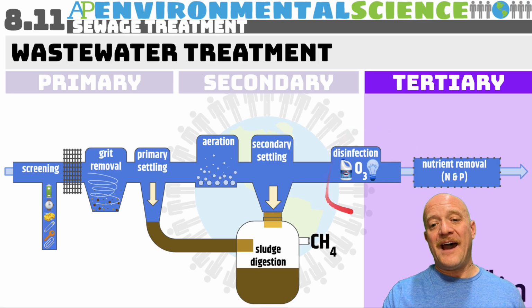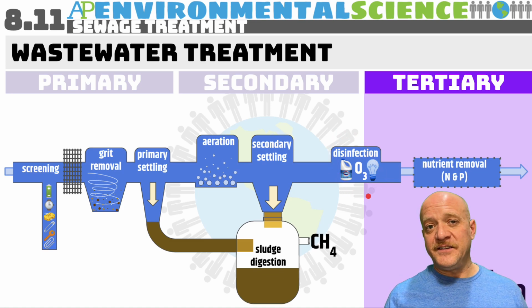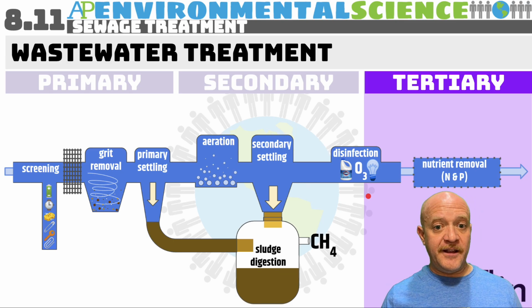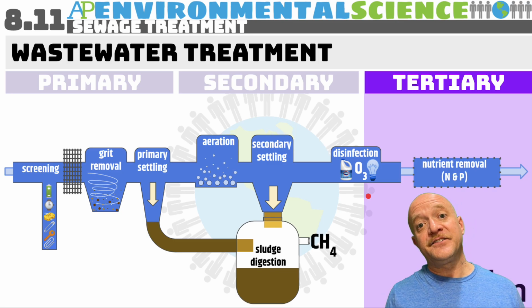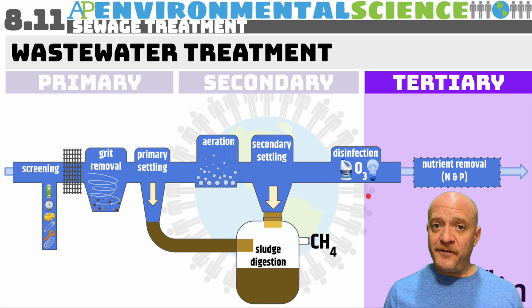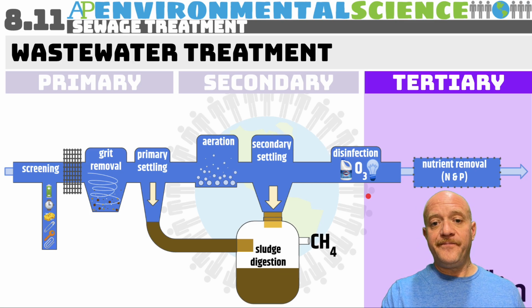Oftentimes it would come after the nutrient removal, but you don't have to specify on multiple choice questions or free response questions when the disinfection takes place. If they have primary, secondary, tertiary, then the disinfection will take place as tertiary treatment. If it is only primary and secondary, it will take place at the very end before the effluent is released.